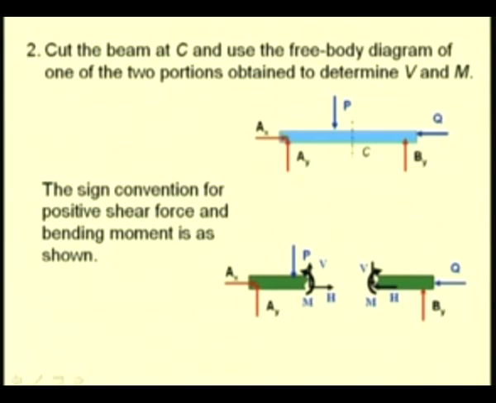That is, the shear force marked vertically upward on the left hand portion, that is AC, is taken as the positive shear force, and the axial force is taken positive along the positive direction of x, if we designate these local coordinates x, y and z perpendicular to the plane of paper.